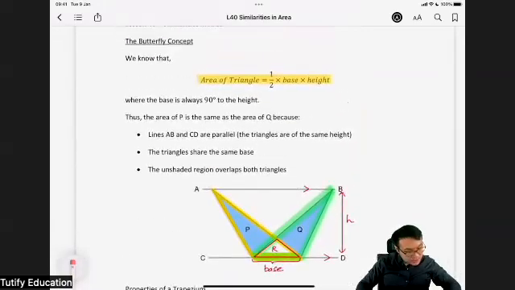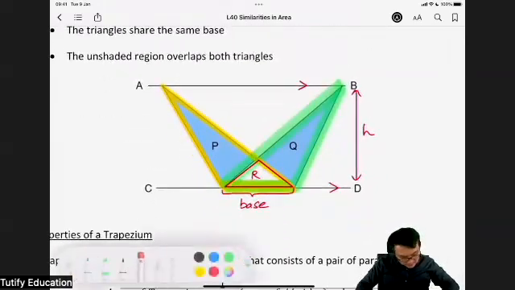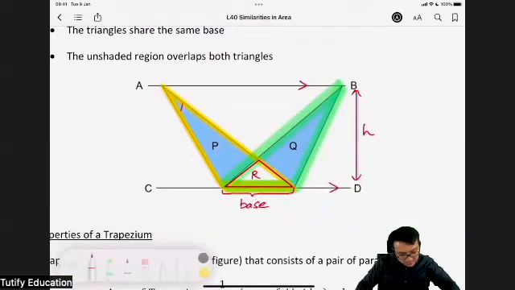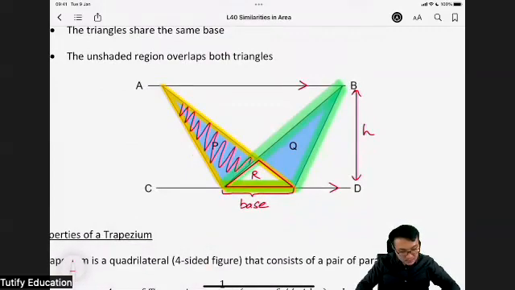The butterfly concept tells you that the butterfly wing, area P, will be equal to the other butterfly wing, area Q.